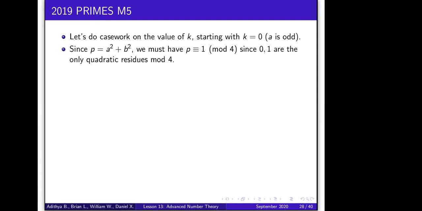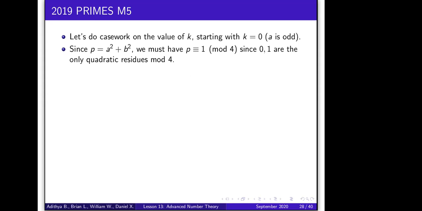And if A is odd, then B squared is either 0 or 1 mod 4. So A squared plus B squared has to be 1 or 2 mod 4. But since P has to be an odd prime number, that means that B squared has to be 0 mod 4, so that P is 1 mod 4.